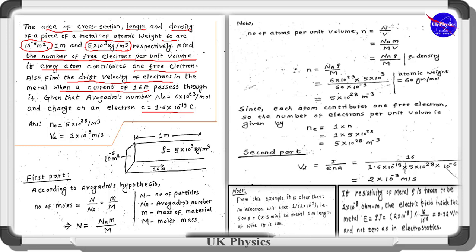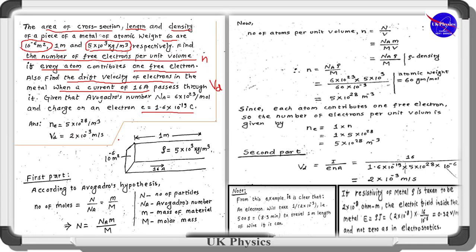So in the question we are given almost all the values of parameters, except we have to find out the electron density, that means the number of free electrons per unit volume, which is a small n, and finally we have to find out the drift velocity.